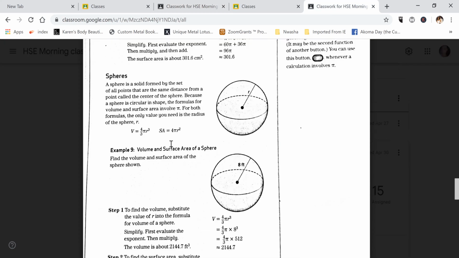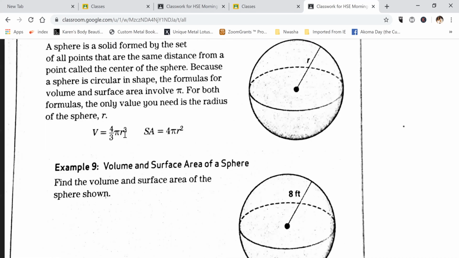So now, are you going to use volume or surface area if you want to inflate it with water? Volume, right? So you're doing volume when you're talking about pounds of water to inflate the water balloon. So you want to pick out this formula. Volume equals 4/3 times pi times radius cubed.